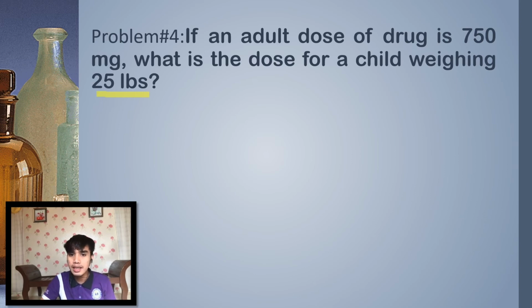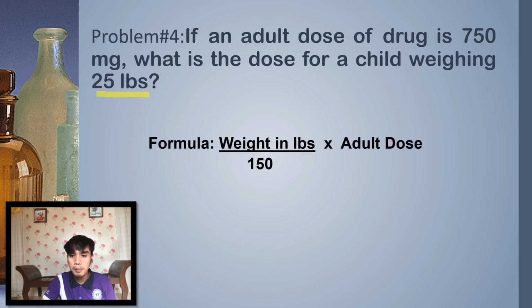So based on the given, which is the weight and the adult dose only, we need to find the dose using Clark's rule. So what is the formula for Clark's rule? The formula for Clark's rule is weight in pounds over 150, which is our constant value here. That would be multiplied to the adult dose. So what's next?